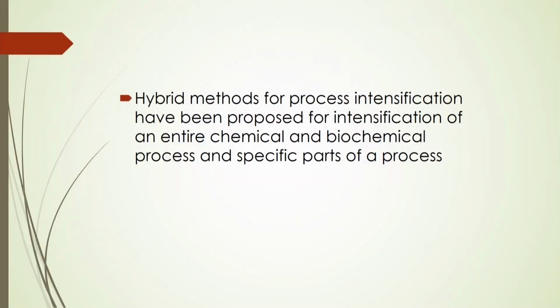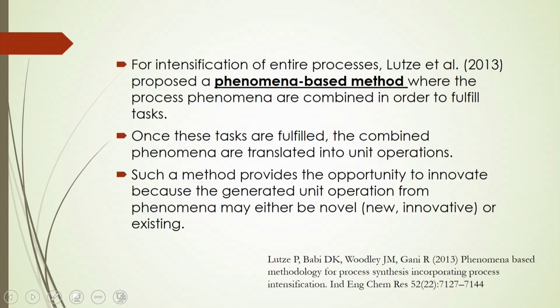And hybrid methods for process intensification have been proposed for intensification of an entire chemical and biochemical process and specific parts of the process, which you have to note down here. For intensification of the entire process, Lutze et al. in 2013 proposed a phenomena based method where the process phenomena are combined in order to fulfill tasks. Once these tasks are fulfilled, the combined phenomena are translated into unit operations.